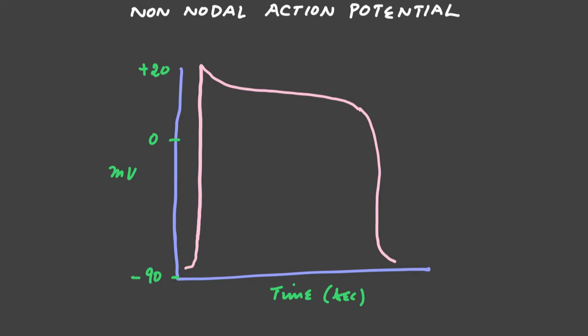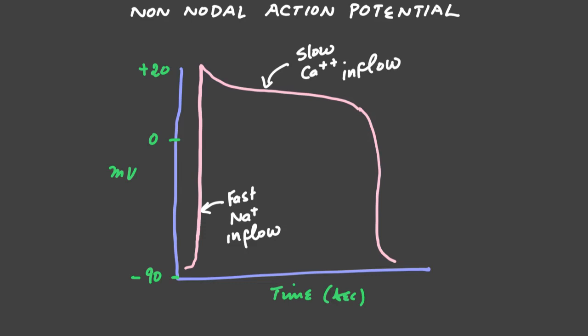The repolarization is brought about by the opening of potassium channels and the fast outflow of potassium. So we have it here: the depolarization, fast sodium inflow, the maintenance of the depolarization by slow calcium inflow, and the repolarization by fast potassium outflow.